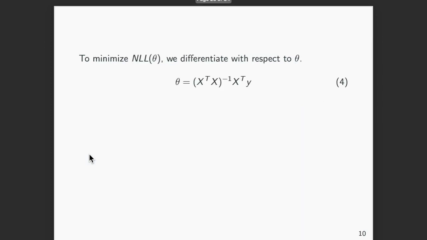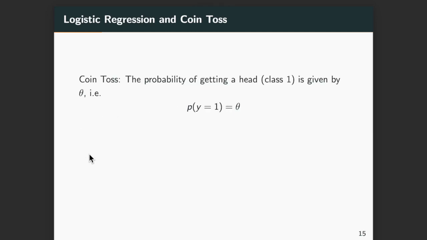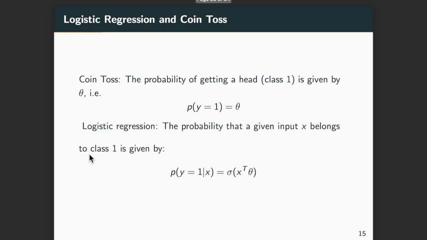For logistic regression, we wanted to look at the similarity between coin toss and logistic regression. In both of them we used the output variable y, which could be zeros or ones. For coin toss, we said that the probability of y equal to 1 is given as theta. For logistic regression, the probability of y equal to 1 is sigmoid of x transpose theta.